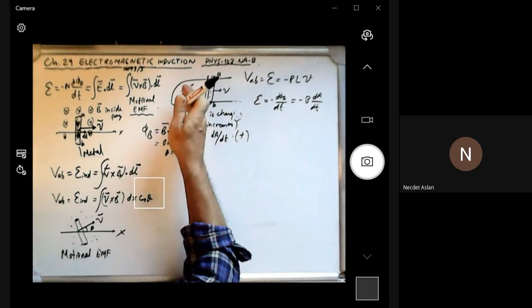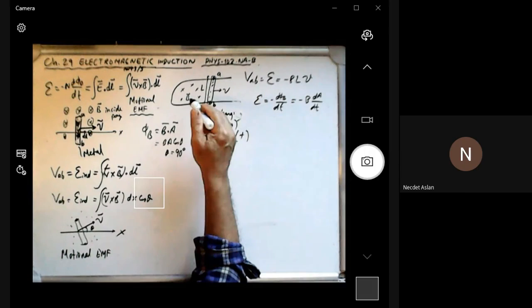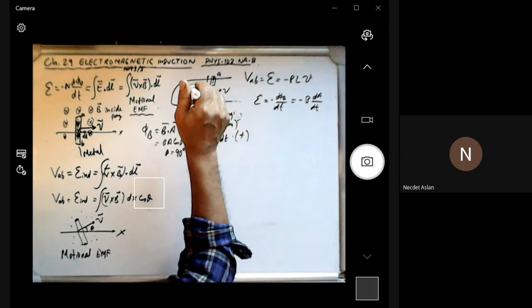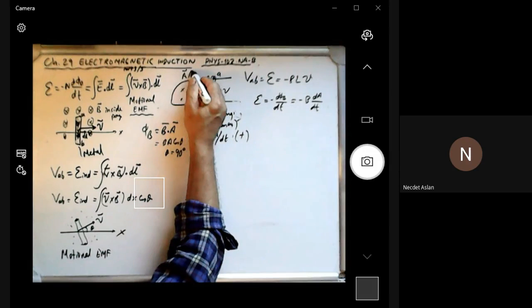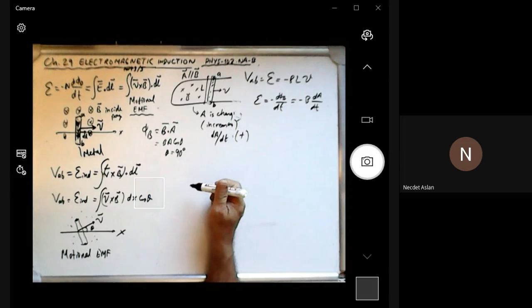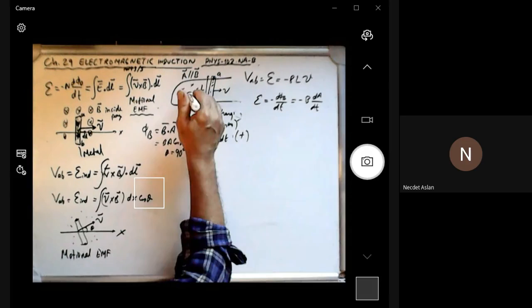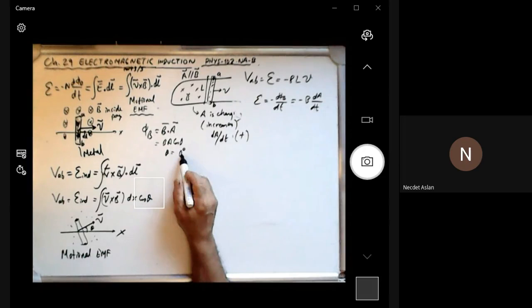They are aligned in the same direction. So in our case, we can assume that the area vector and the magnetic field vectors are parallel. This is what we are assuming. So the area vector is downward, and so is the magnetic field vector. In this case, theta is 0 degrees, not 90, so cosine 0 is 1, so that we have just B dA.